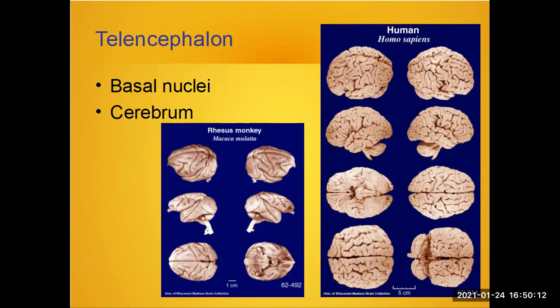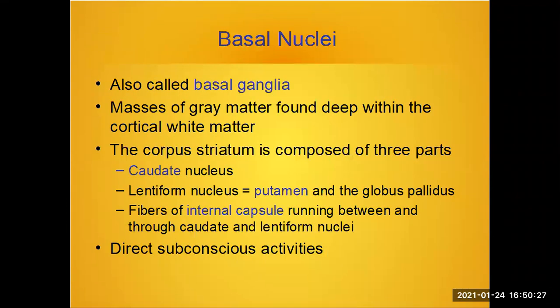Telencephalon consists of basal nuclei and cerebrum. Basal nuclei, also called basal ganglia, masses of gray matter found deep within the cortical white matter.